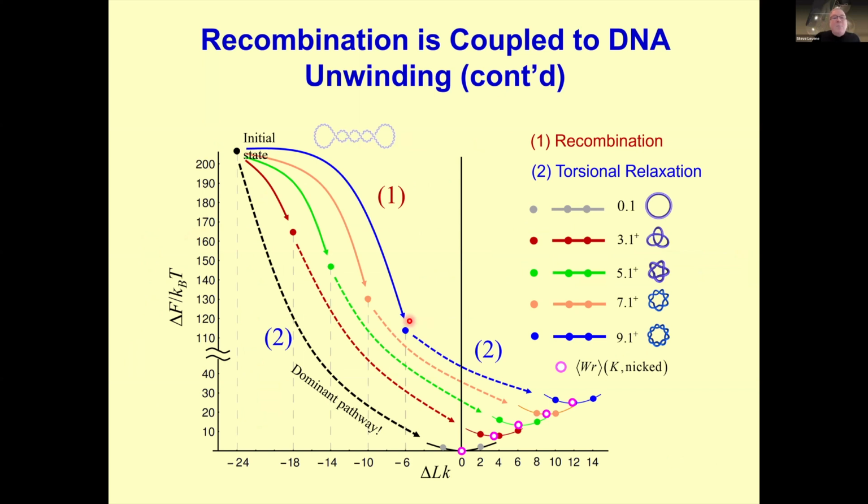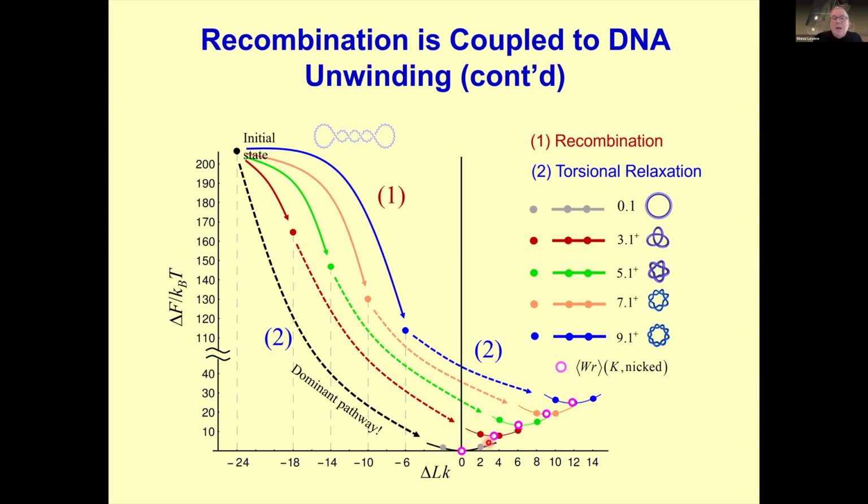And essentially diagrammatically, what we're looking at is something like this, where you start in the unknot state with high levels of supercoiling. The dominant pathway that we observe experimentally seems to give unlinked products.